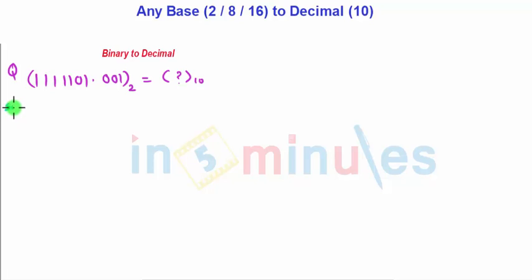While writing the solution, there is a simple thing. What you need to do is write down all the digits separately, keeping some distance: 1111101.001.